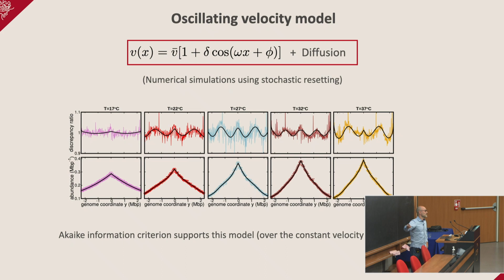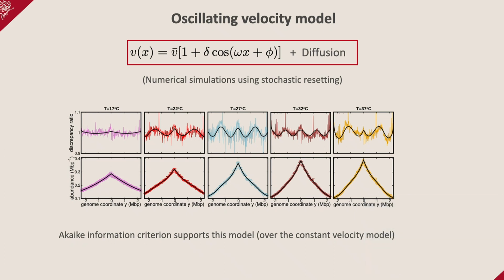And this is with the discrepancy ratio. You can see that this model fits this wave-like pattern very well. We have to be careful because now we introduce extra parameters, but the information criterion always says that the improvement in the fit is worth the extra parameters of the model. So statistically, this is solid.